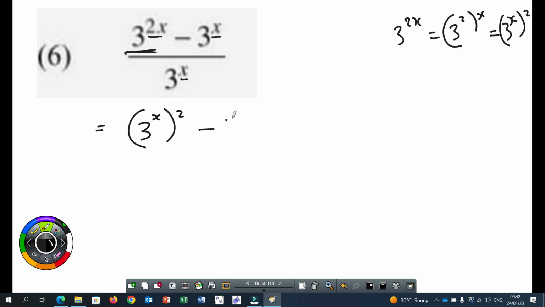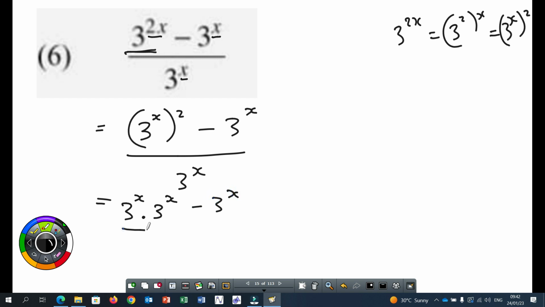This will be minus 3 to the power of x all over 3 to the power of x. Then you also need to be aware that 3 to the power of x all squared is the same as 3 to the power of x times 3 to the power of x. This will be minus 3 to the power of x all over 3 to the power of x.